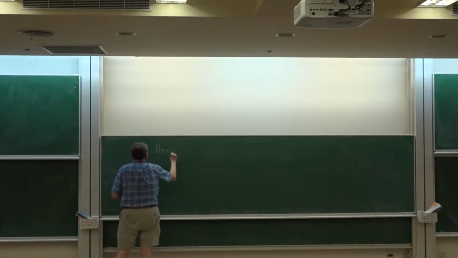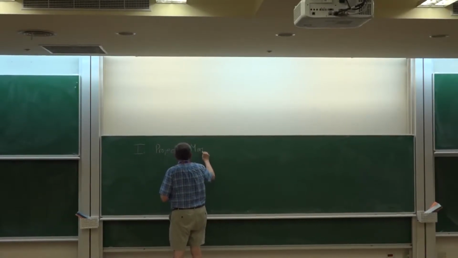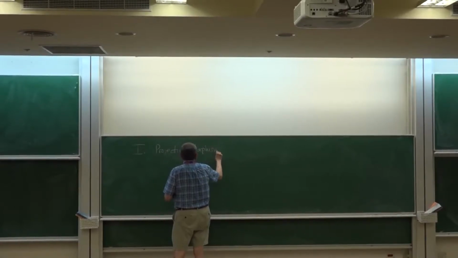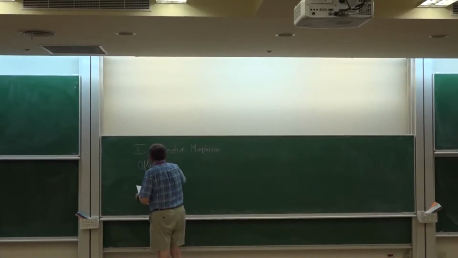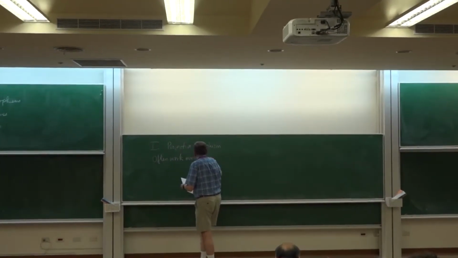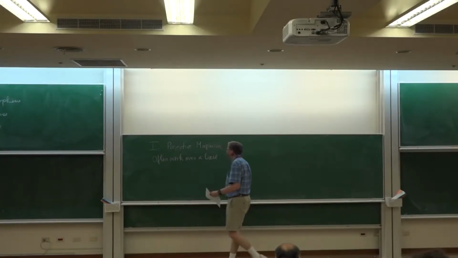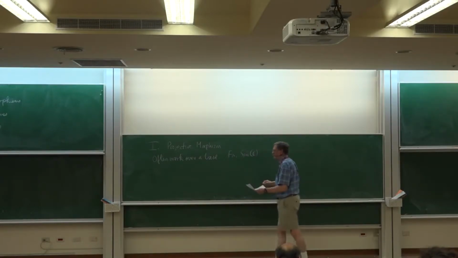And the idea about algebraic geometry is that very often you work over a base. And so, for example, for us, Spec C is the base.